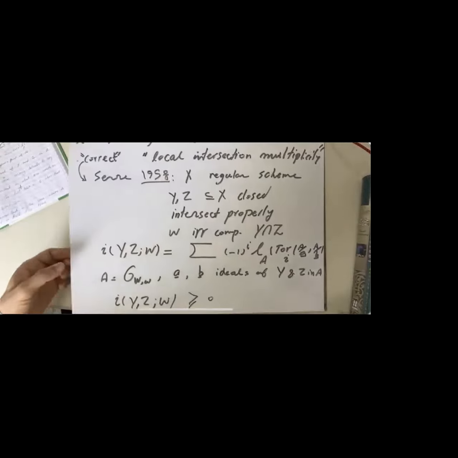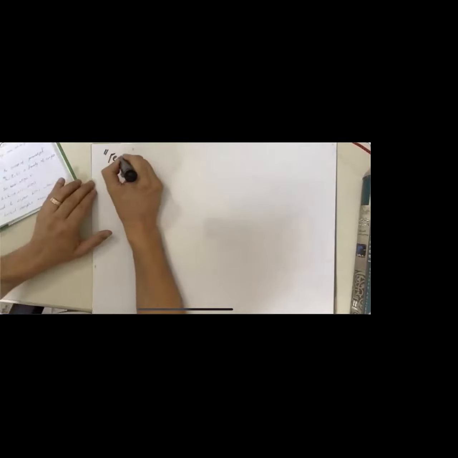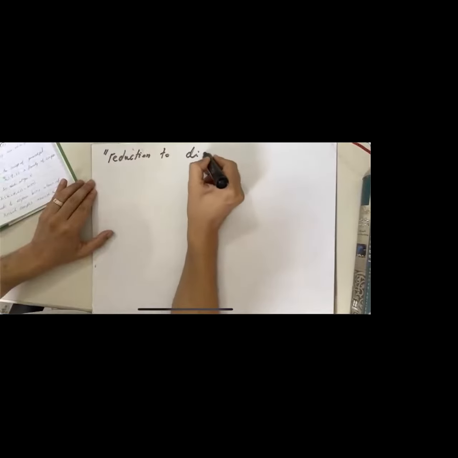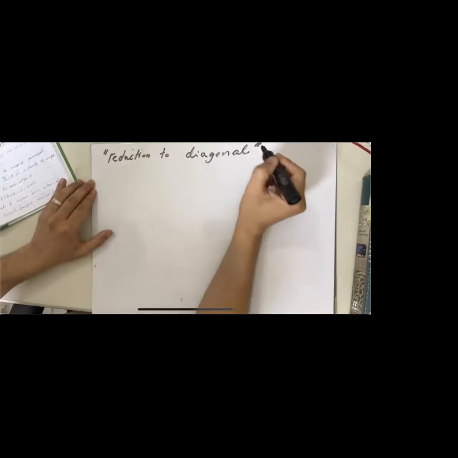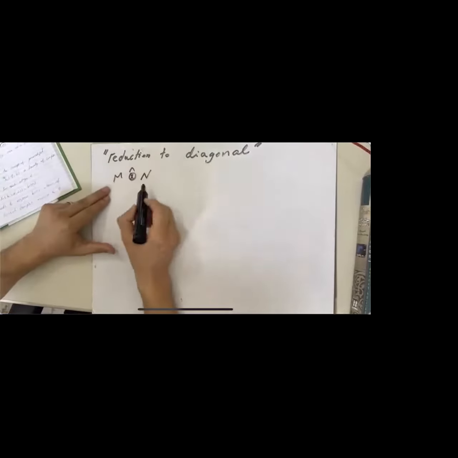To prove this positivity, Serre used the method of reduction to the diagonal. To do this reduction to the diagonal, he introduced the complete tensor product.